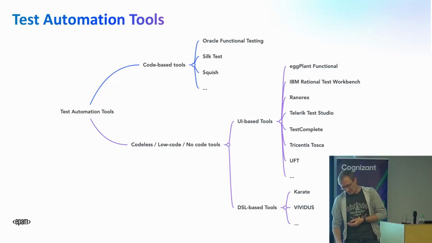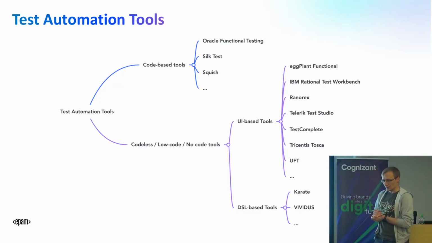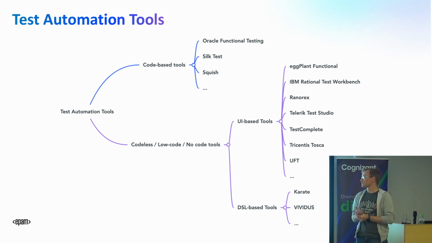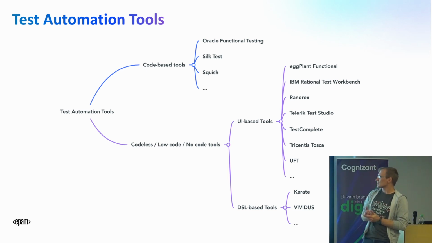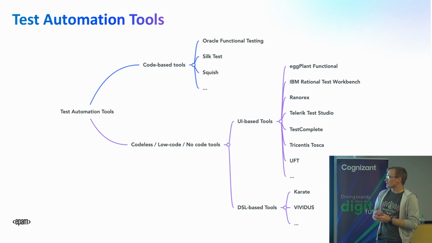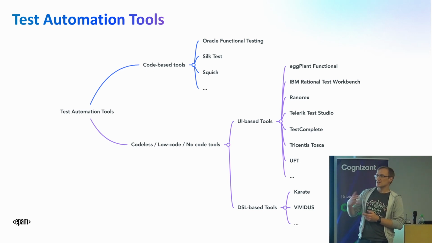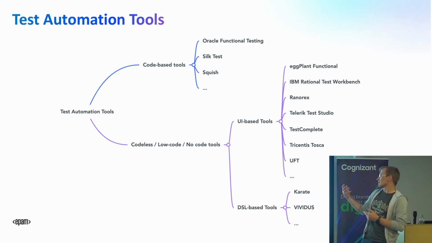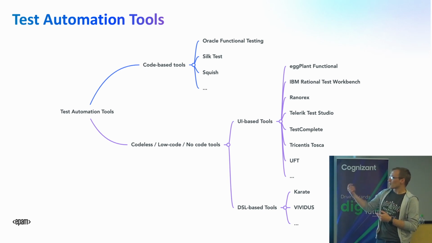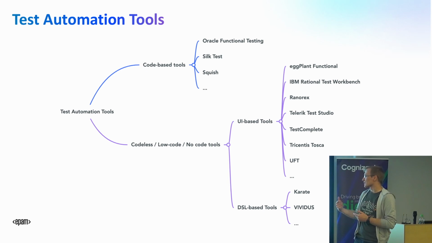So let's try to understand which test automation tools are available. In general, it's hard to divide the tools into groups, because they can be in multiple groups at the same time. It means that you can put the same tool into the group of code-based tools and codeless tools.